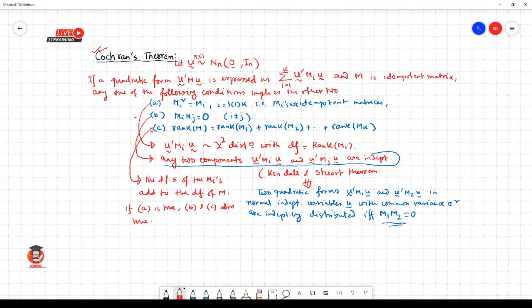Similarly, if B is true, then A and C are true. If C is true, then A and B are true. So if you prove any one of these three, automatically the other two follow. Okay.